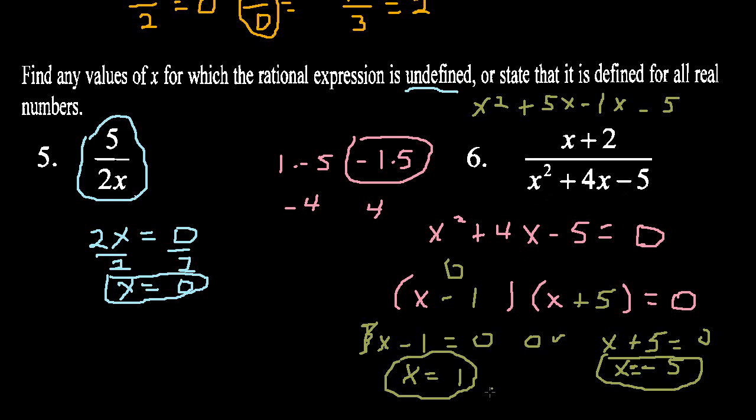Sure enough, that makes this undefined. Also, if we take negative 5 and square that, negative 5 squared is positive 25, plus 4 times negative 5 is negative 20, minus 5, so 25 minus 20 is 5, minus 5, that also makes the denominator equal to 0, and therefore undefined.